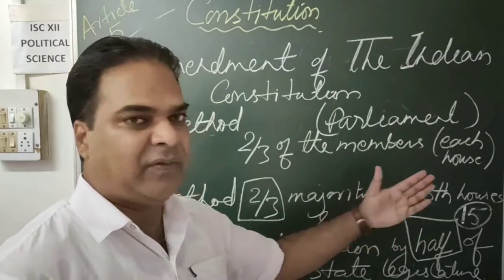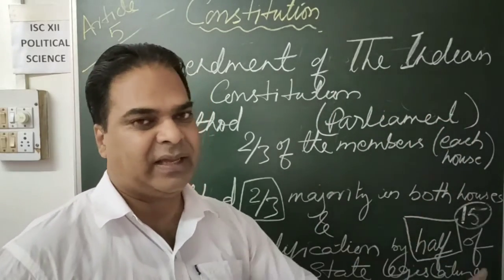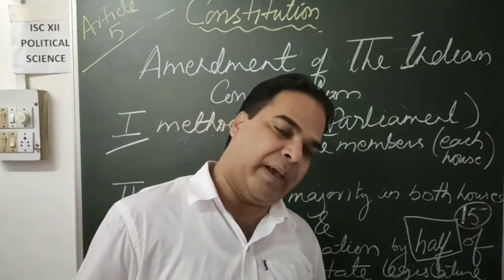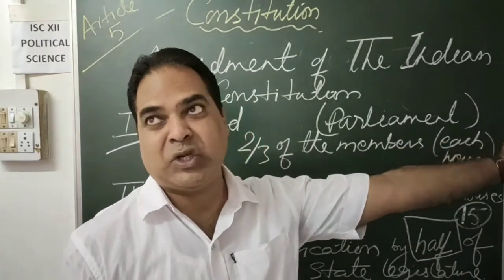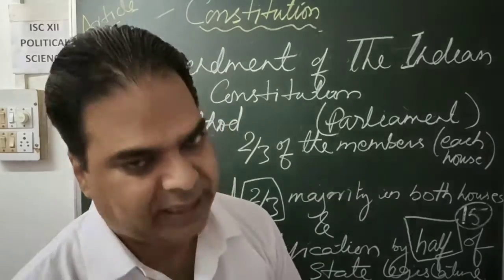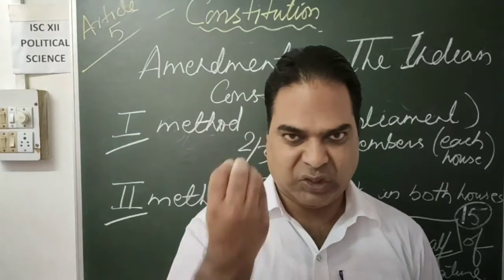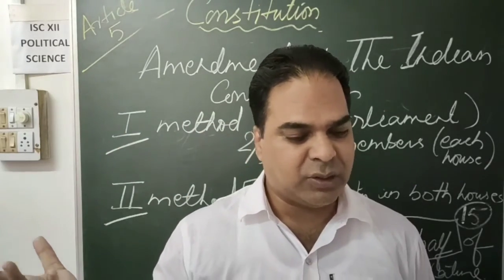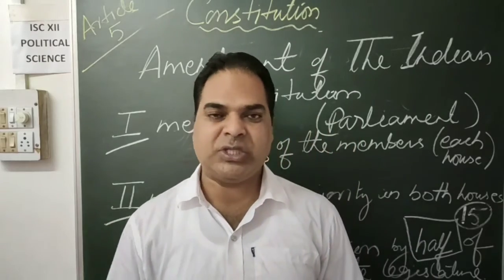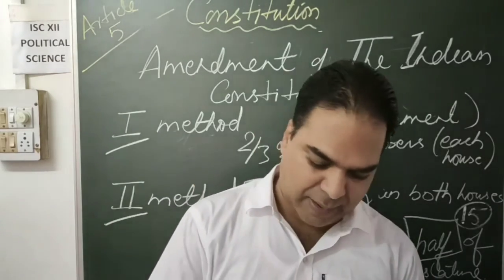But here, how much? 15 states. If they agree, then ratification will be approved easily and will be sent to the president, and the president will sign it, and the amendment becomes active. So the bill procedure stands completed.